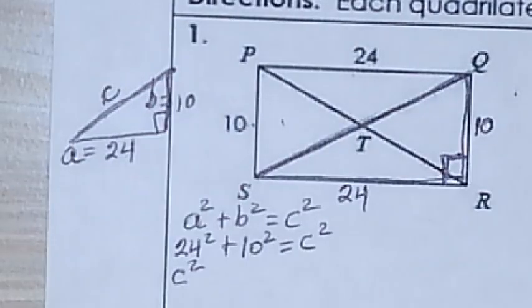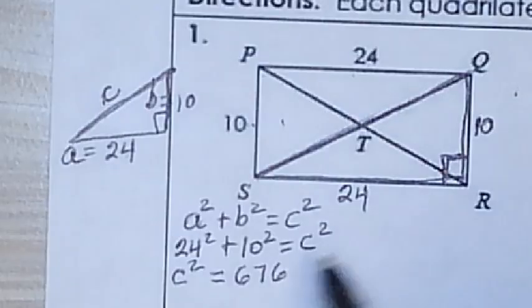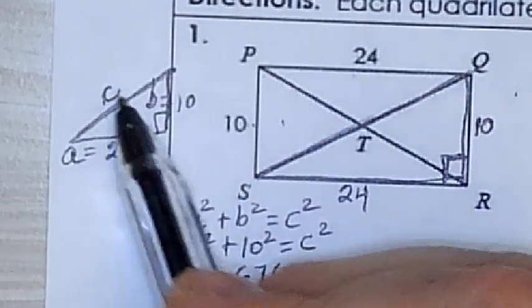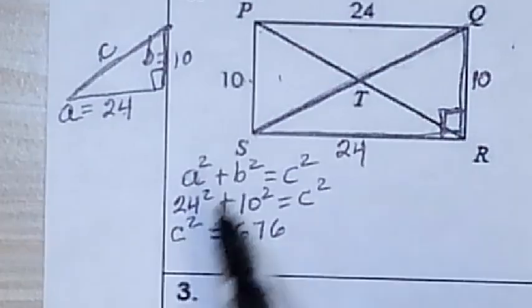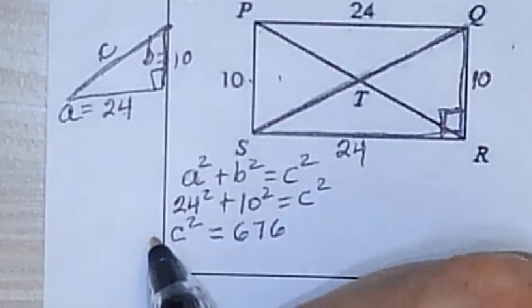I'm actually looking for c. When I take 24 squared plus 10 squared, that's going to equal 676. And I know you got jokes, 676. Okay, forget that. But I surely want c. I don't want c squared. So how do you get rid of a square? Well, the inverse operation of square is square root.